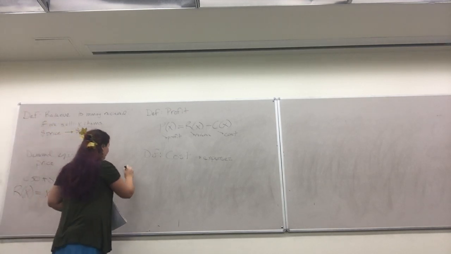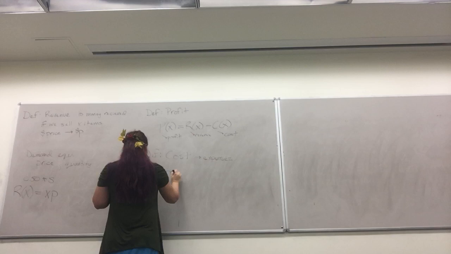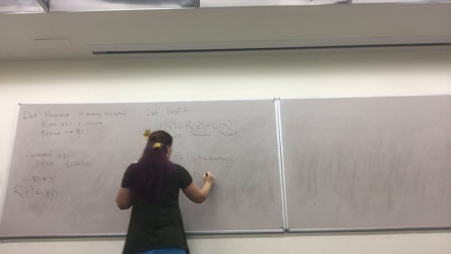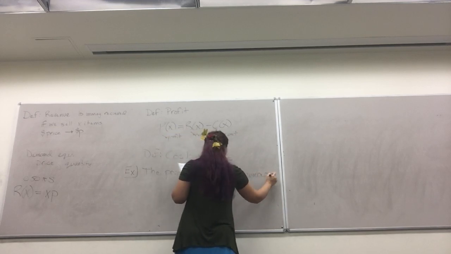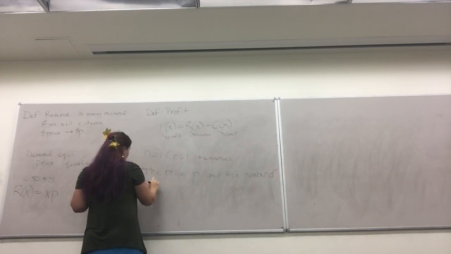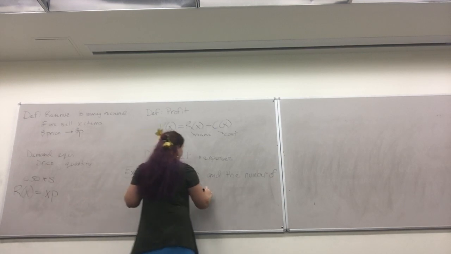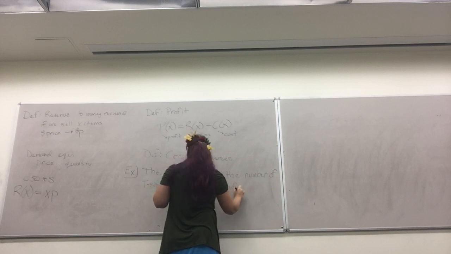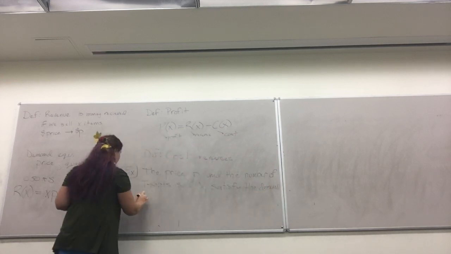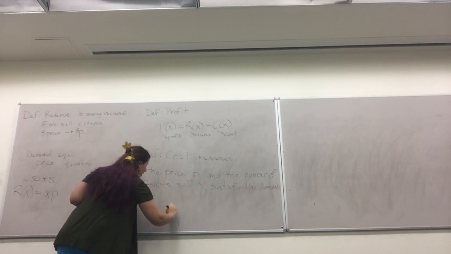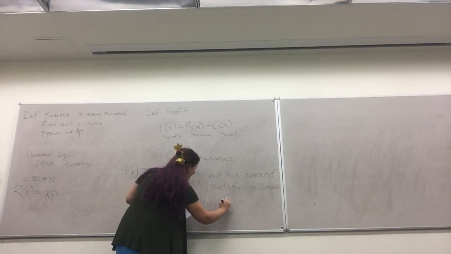So let's now do an example. So we have the price, P, and the number of t-shirts sold X satisfy the demand equation P equals negative 0.14x plus 14.